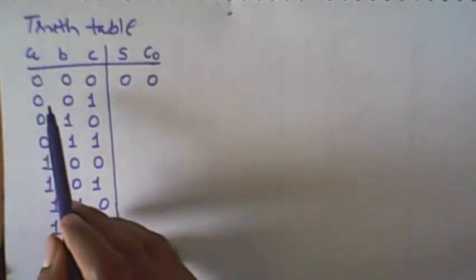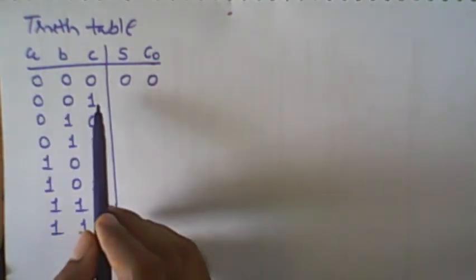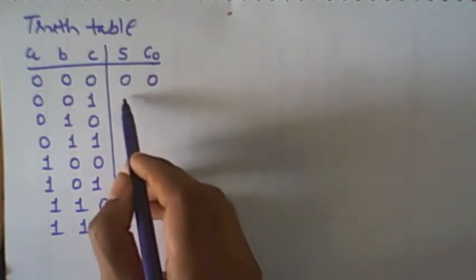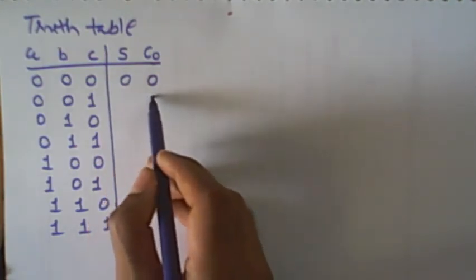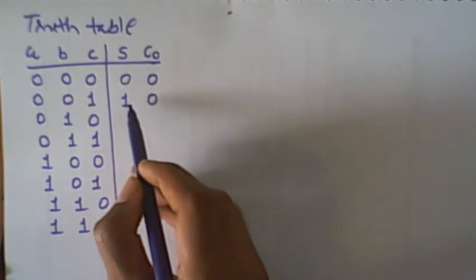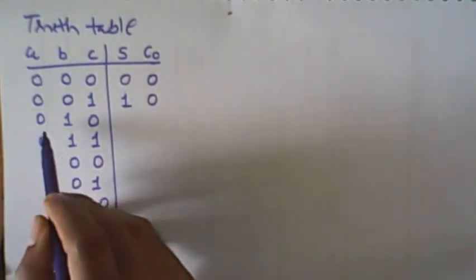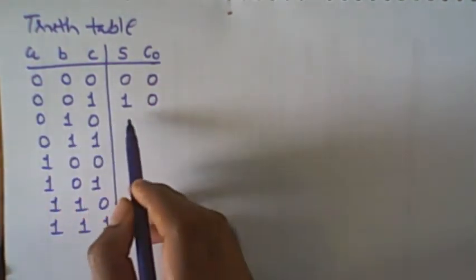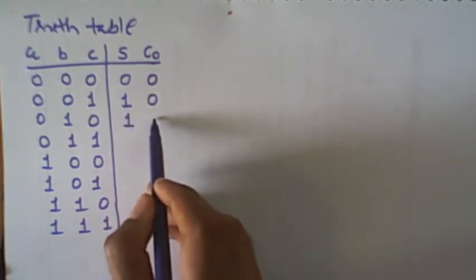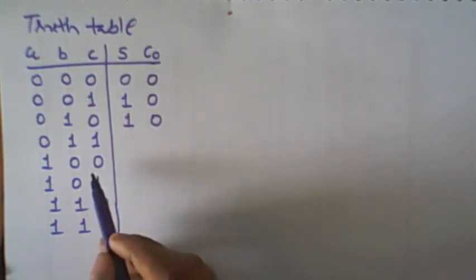If we add 0 plus 0 plus 1, it is 1, which is 0 1, so carry is 0 and sum bit is 1. 0 plus 1 plus 0 is again 1, so sum bit is 1 and carry bit is 0.